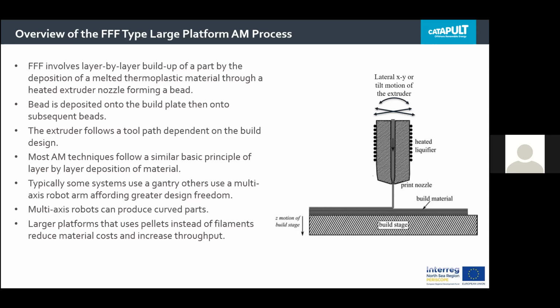It's going down to around $2 to $3 a kilo for, say, ABS pellets with 20% carbon fiber loading. So your material costs are much lower in the case of pellet systems, which larger AM platforms tend to use.